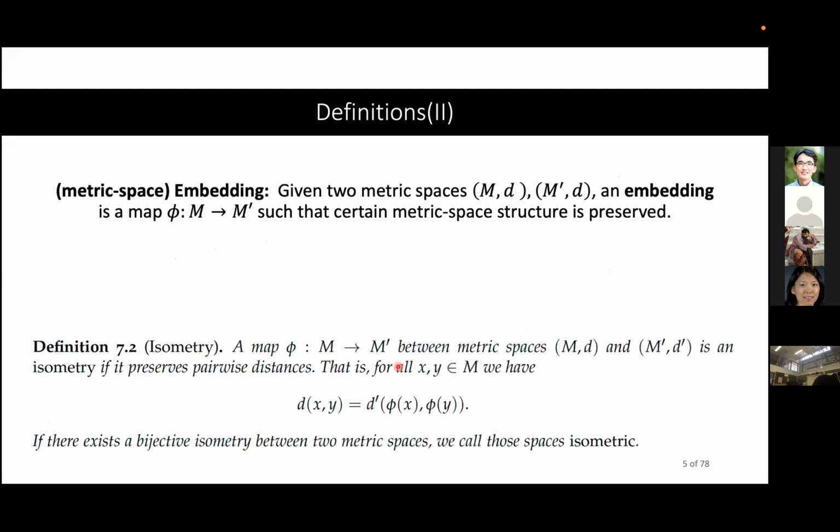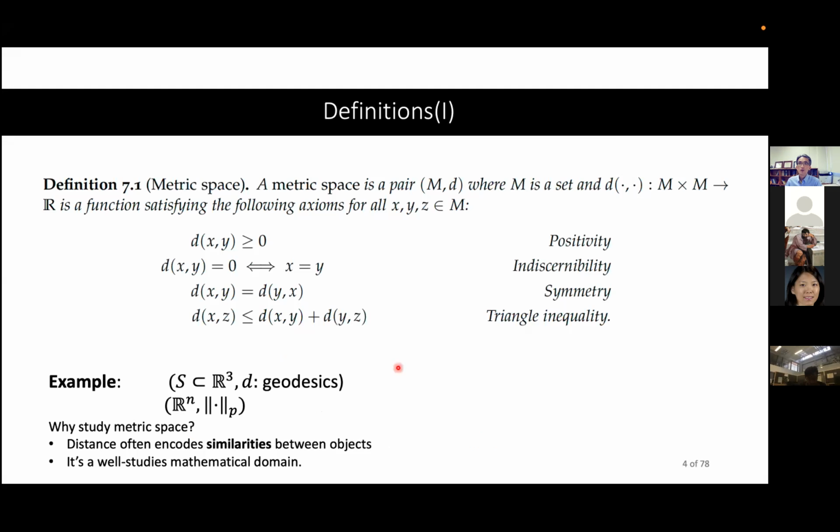Okay, so the second definition is embedding. In this case, it is applied to metric space. By the way, if we do not define the distance over global pairs of points, but limit our distance to the local neighborhood, then things are fine. And that is really the definition of the Riemannian manifold: the tangent bundle equipped with a Riemannian metric is a metric space.